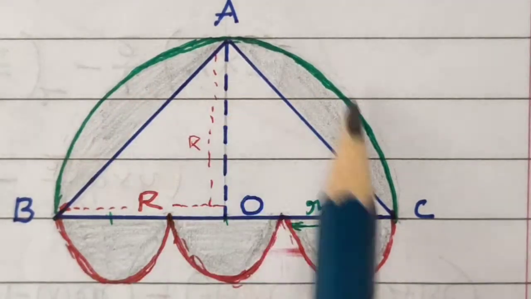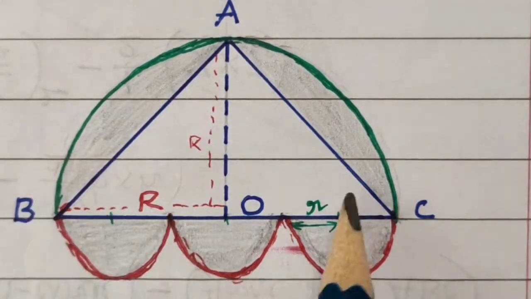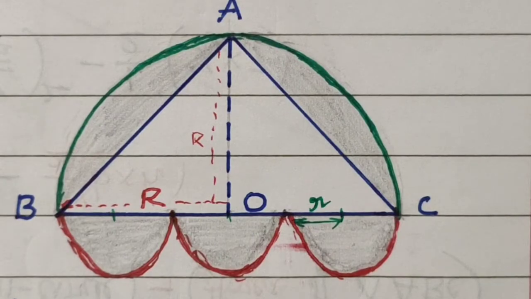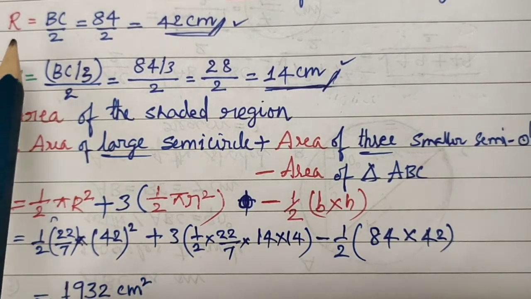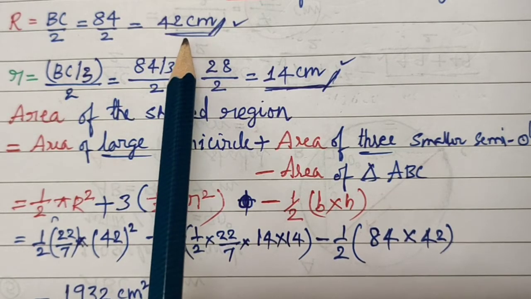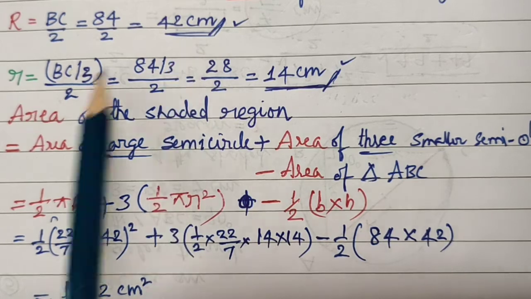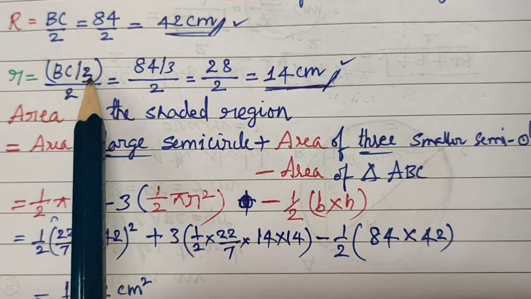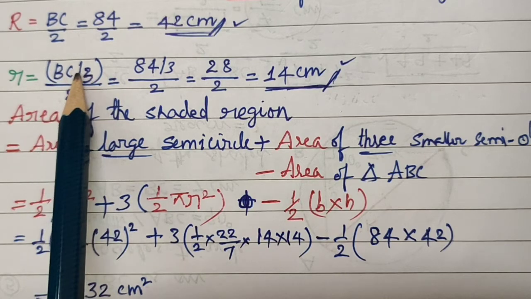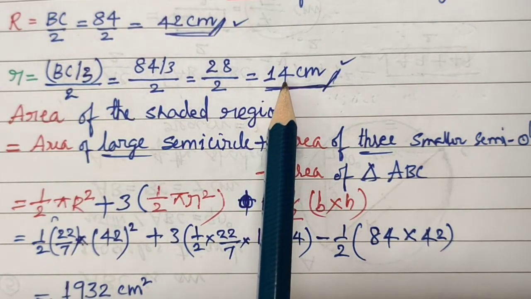To find out this, we can use this r to find out the area of the semicircle. To find out the area of the triangle, you can use R is equal to BC by 2, that is 84 by 2, that is equal to 42 centimeters. This is the radius of the bigger semicircle. r is equal to BC by 3 is the diameter of the smaller semicircles; diameter divided by 2 will give the radius of these smaller semicircles.